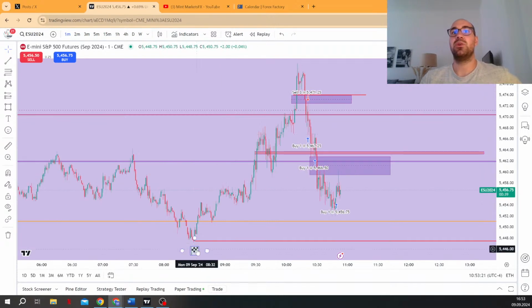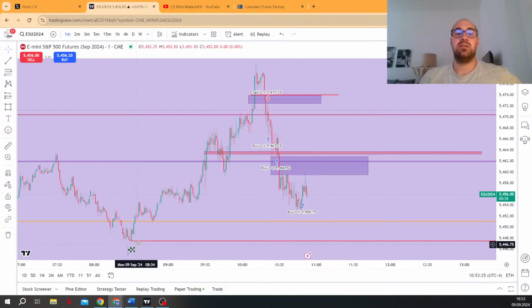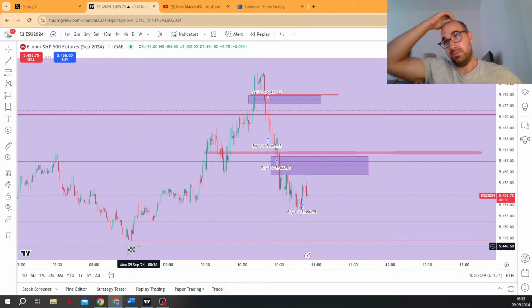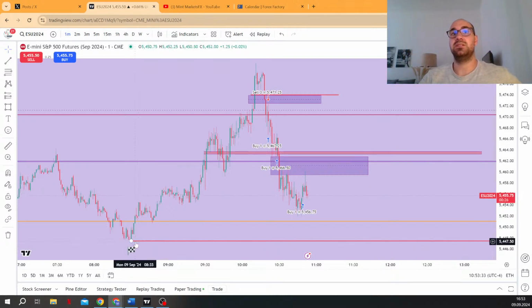We can observe and paper trade this one here. So what we're looking at is 5447 being hit.